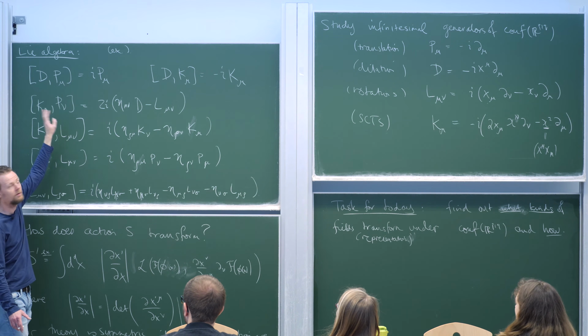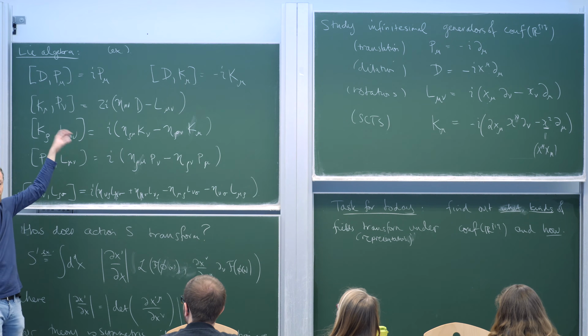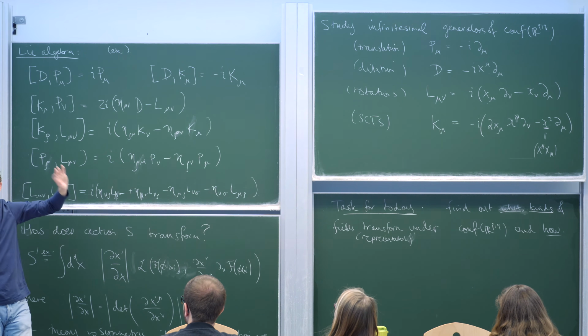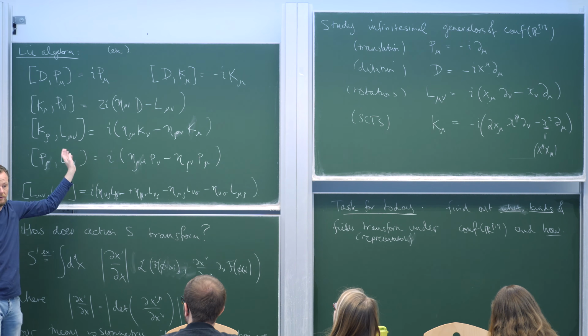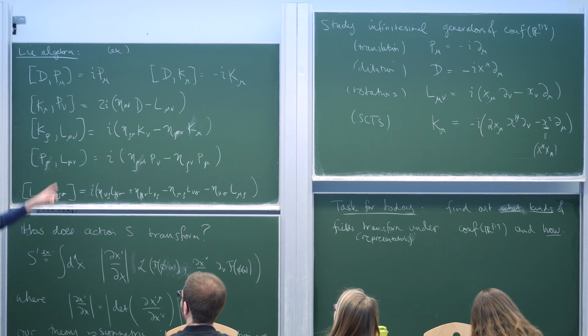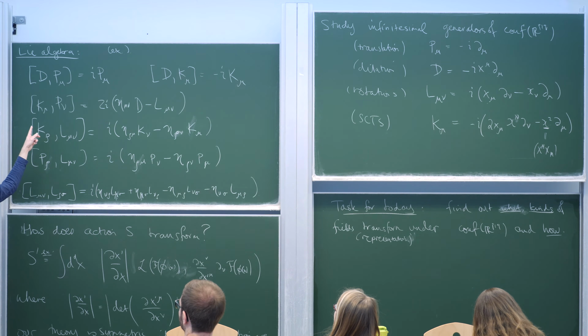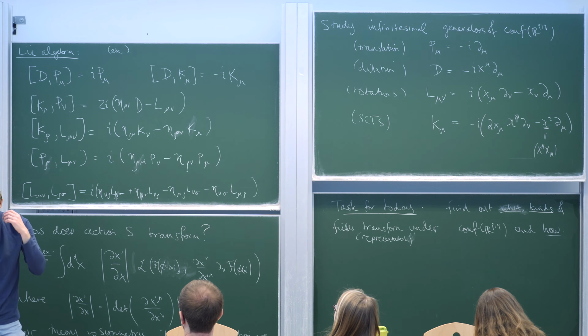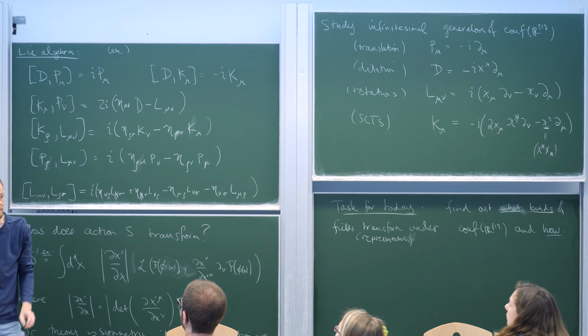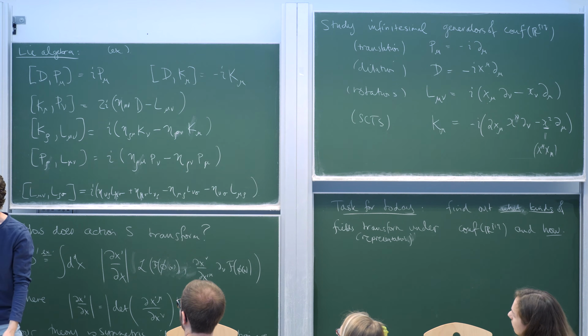You just don't do special conformal transformations or dilations. So we know that whatever representations we have will be labeled by spin or helicity. Then our only task is to understand how D acts and how K acts. That's our goal, and we'll achieve it relatively rapidly by using a trick.